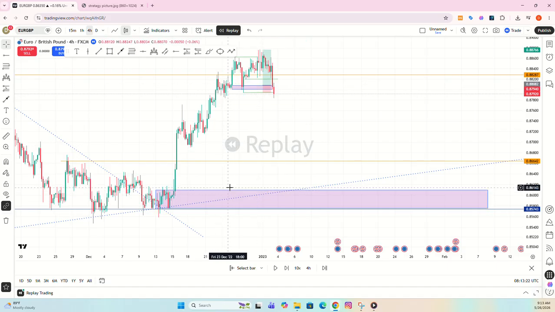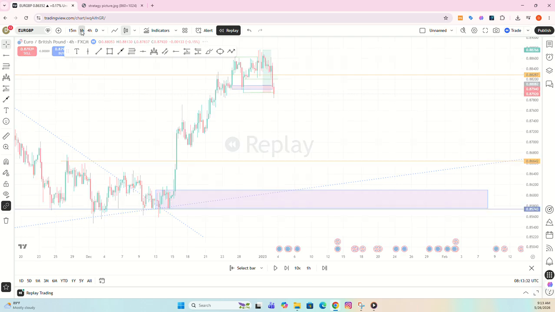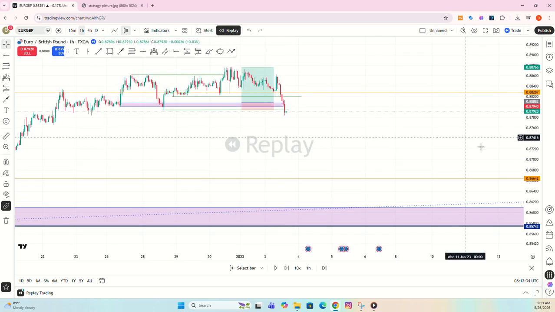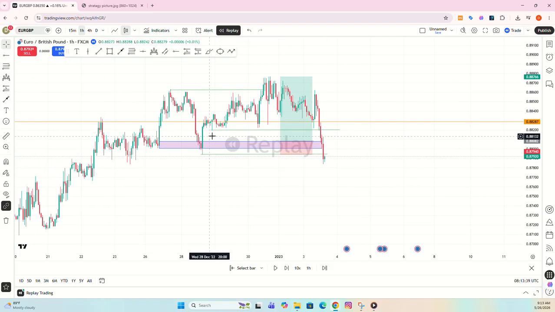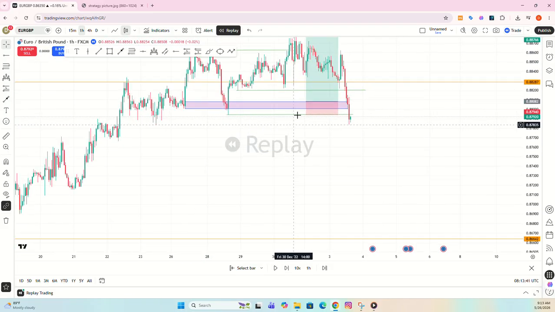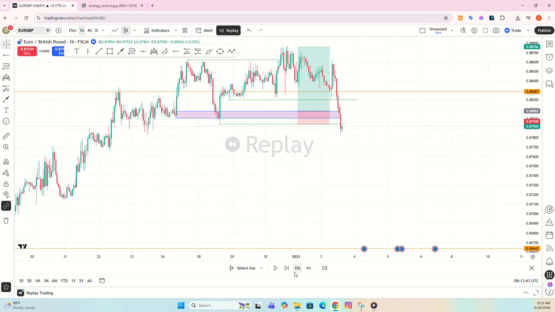This is not actually a strong setup. Let's go to the 1 hour time frame. If you see, this setup would have worked, but the market is going down.